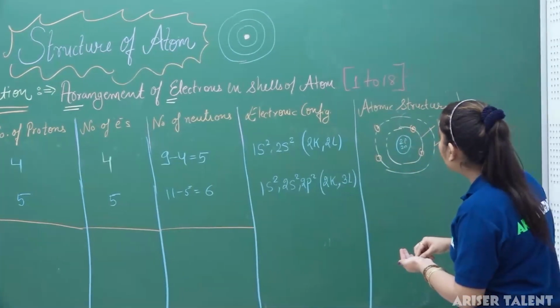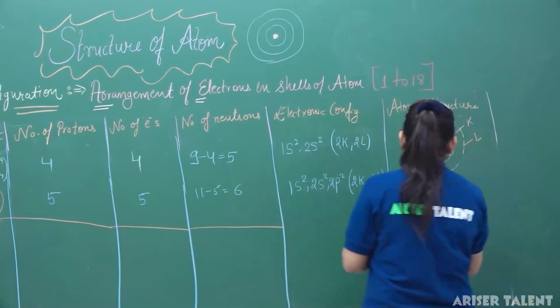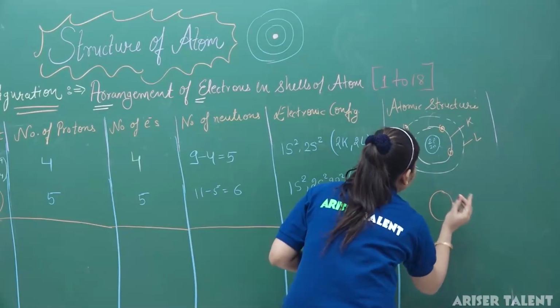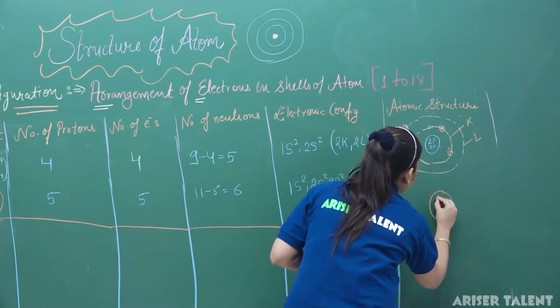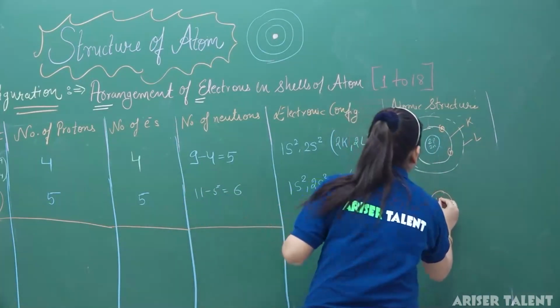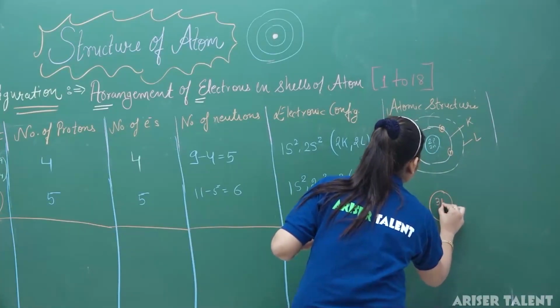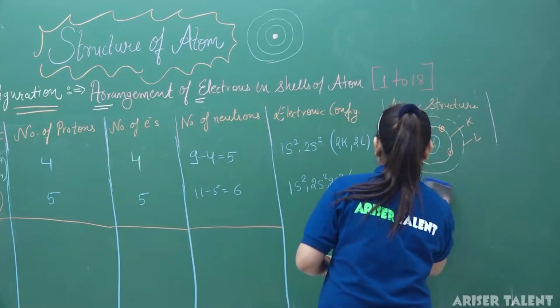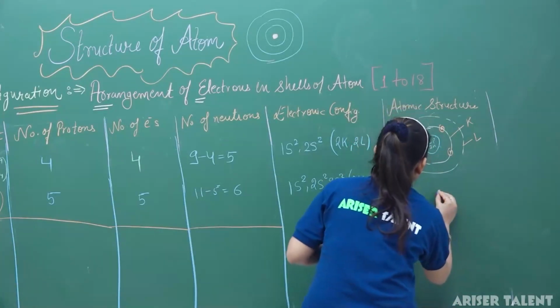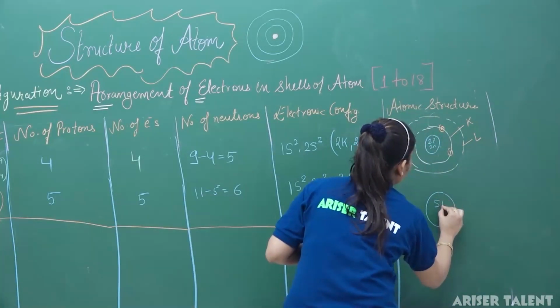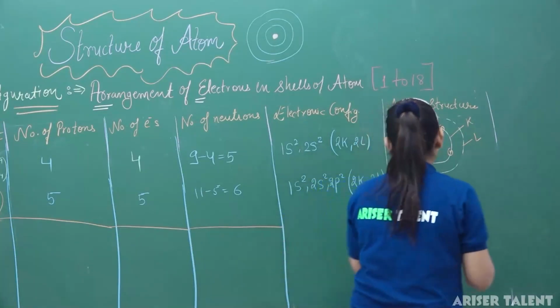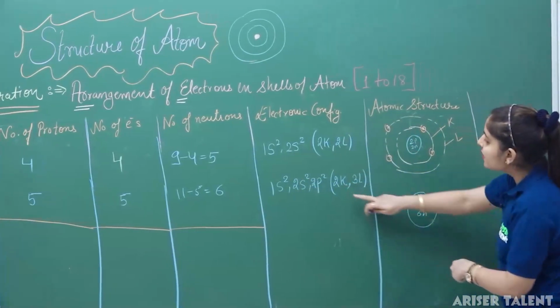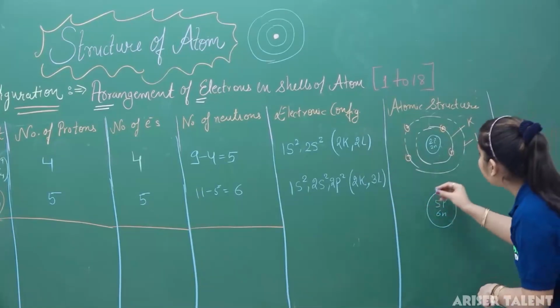Now we will draw the atomic structure for that diagram. We have the nucleus in the center. In the nucleus we have 5 protons, that is 5p, and 6n. Now 2 electrons in the K shell and 3 electrons in the L shell.